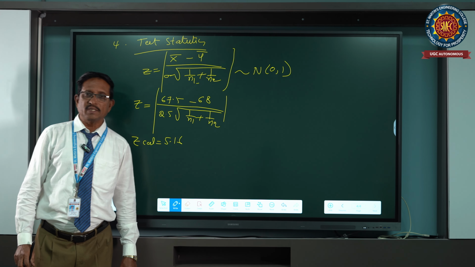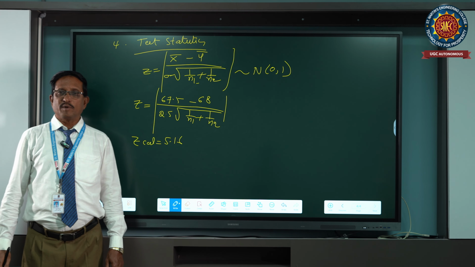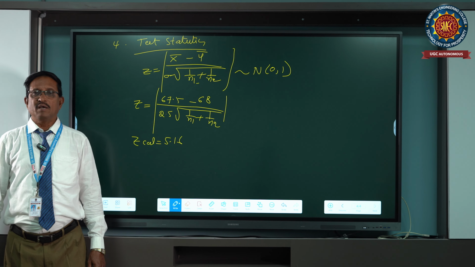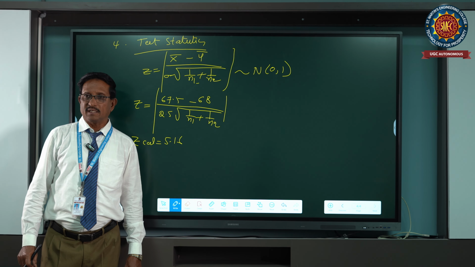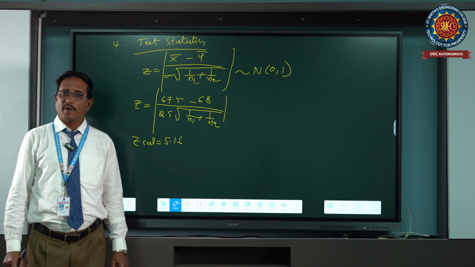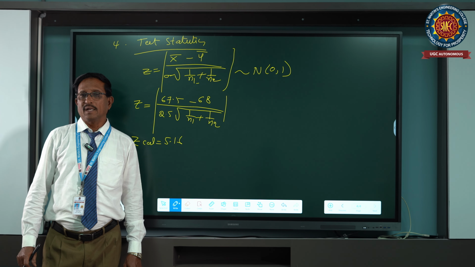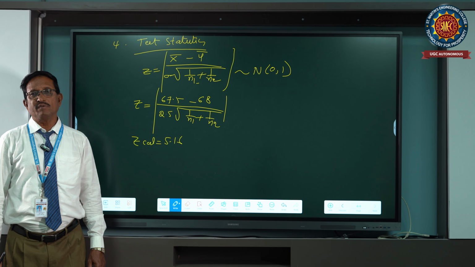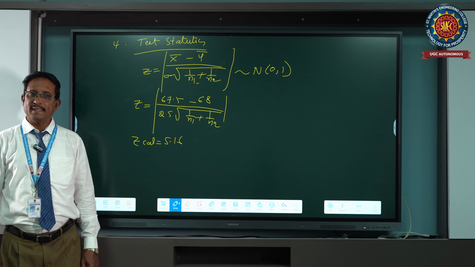In step 4, the Z calculated value is 5.16, but the Z table value at the 5% level of significance is 1.96.